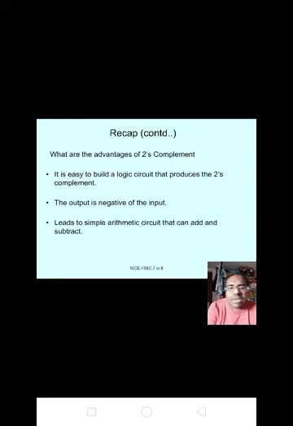It is easy to build a logic circuit that produces the 2's complement. The output is the negative of the input, and it leads to a simple arithmetic circuit that can add and subtract.